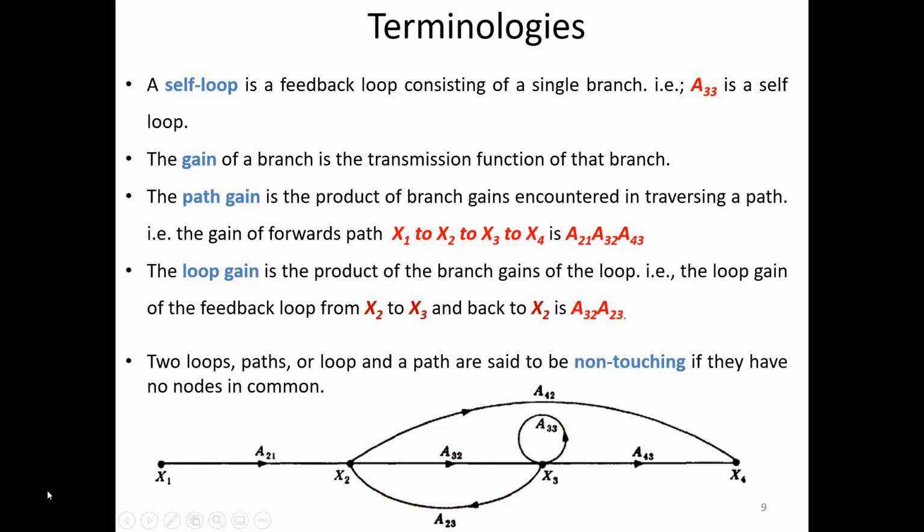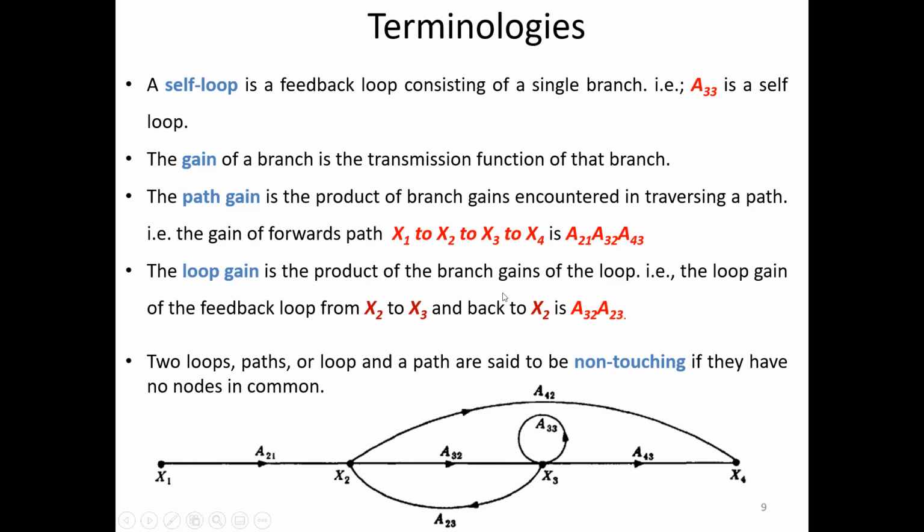Then I can say that the path gain is a21 multiplied by a32 multiplied by a43. So I have to compute the cumulative product of all three branches, because I have traveled through those branches. That is whatever gain you encounter in tracing that particular path, we call it a path gain.